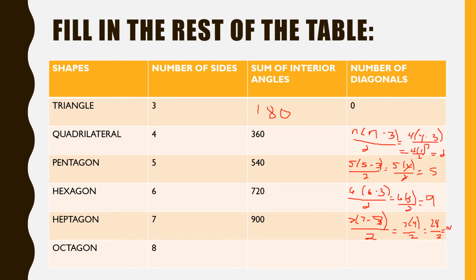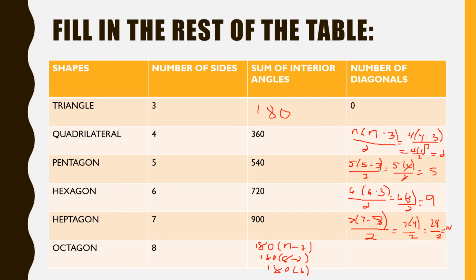Now, okay, so given here is the octagon. For the octagon, if we're going to find the sum of the interior angles, we have this formula 180 times n minus 2. So 180, then 8 minus 2 is equal to 180 times 6.